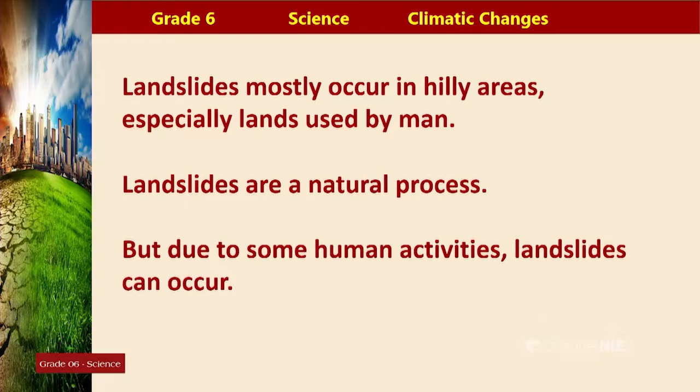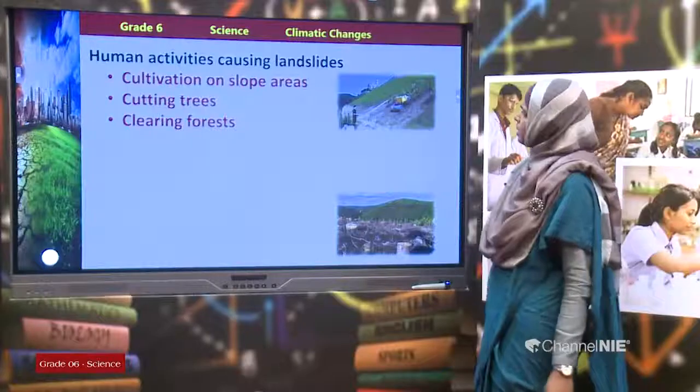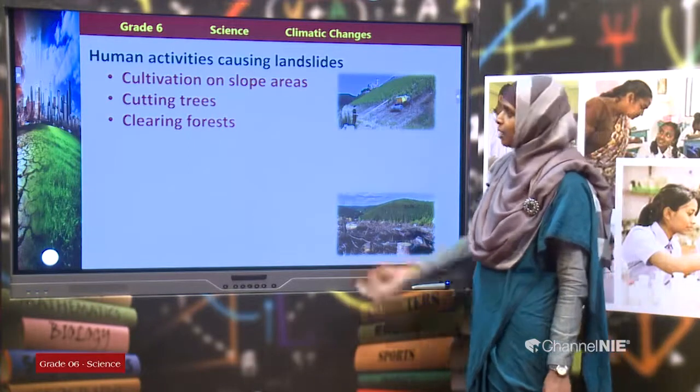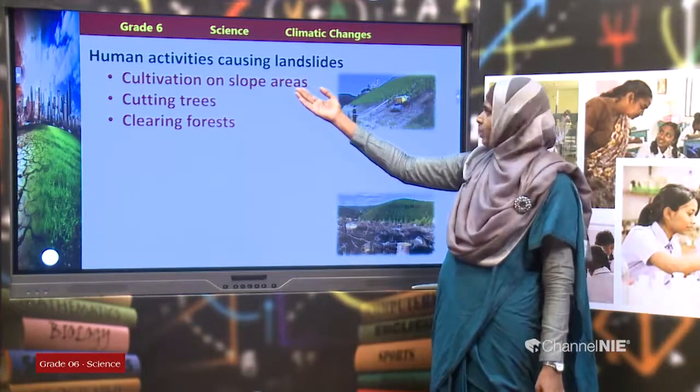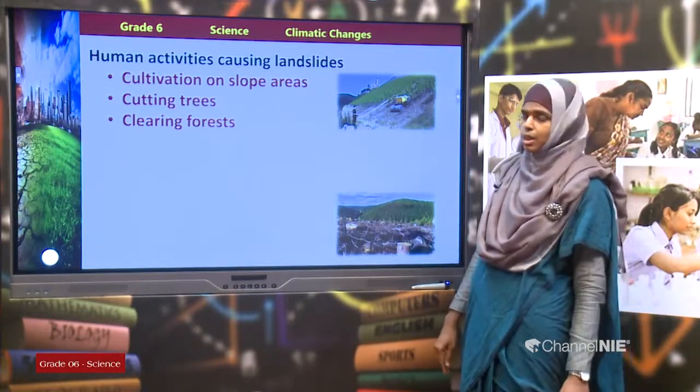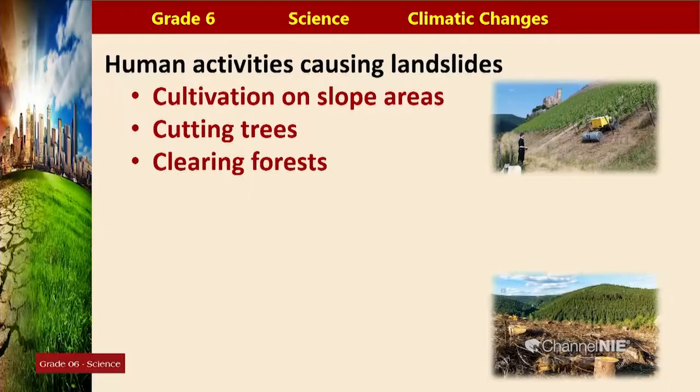Landslide can occur due to human activities. Let's see what are the human activities which cause landslide, children. Cultivation on slope areas. People clear the slope areas and they start various cultivations. This can cause landslides. And cutting trees. Normally if a tree is there, the roots of the tree hold all the soil and prevent landslides.